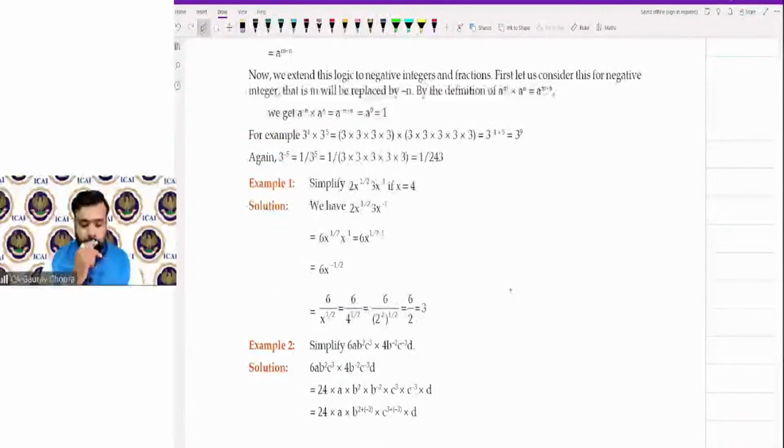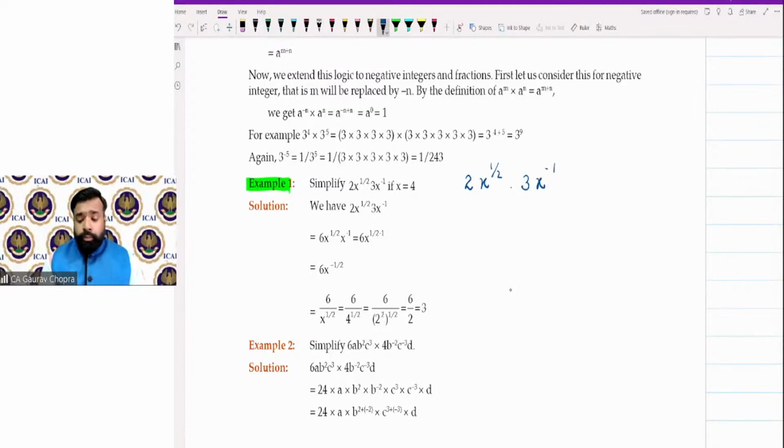So example number 1, simplify. You have to simplify what is given in the question now: 2 multiplied by x to the power of half multiplied by 3 into x to the power of minus 1.